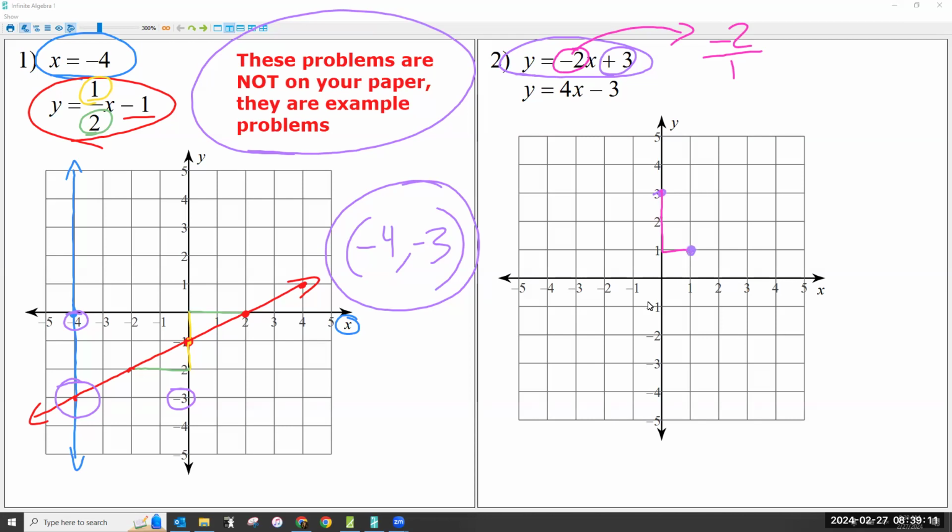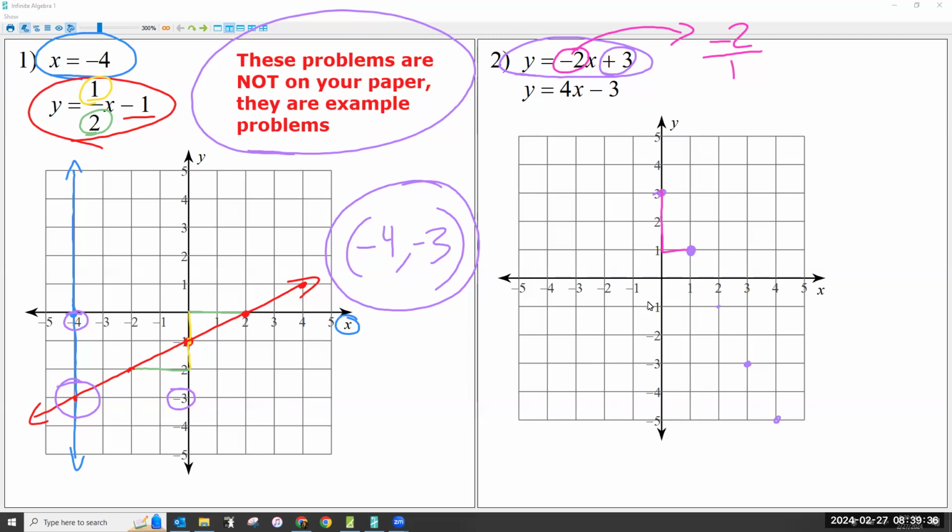Notice that even though I went down, I still went to the right. I'm always going to go to the right as far as when I'm looking at my sign, if I'm going down or going up if it's positive, it's only when I do the opposite that I go to the left. So I went down, right, down 2, right 1, down 2, right 1, down 2, right 1.